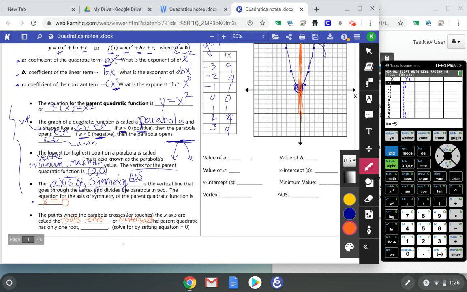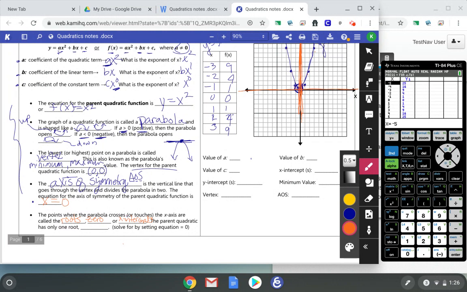Now, we already talked about these when we were solving quadratics algebraically. When we were setting our quadratic equations equal to 0, we were saying that y equals 0. Well, when y equals 0, that technically is the x-axis.